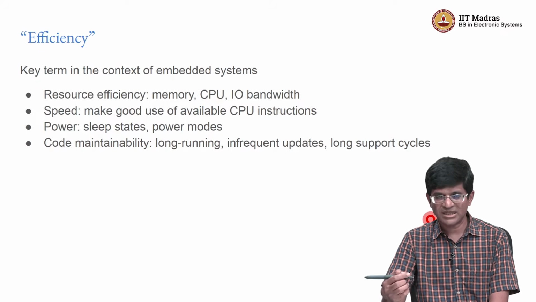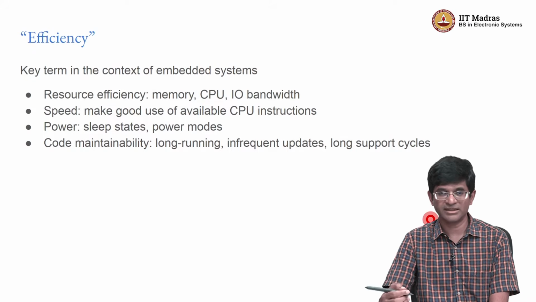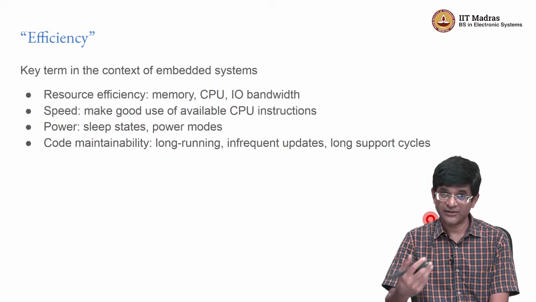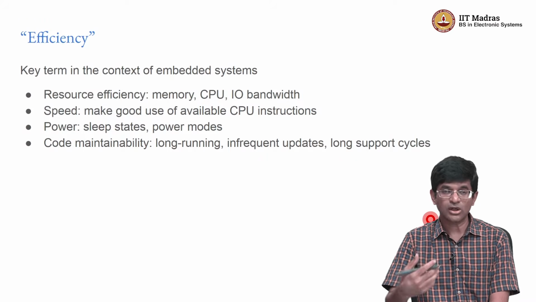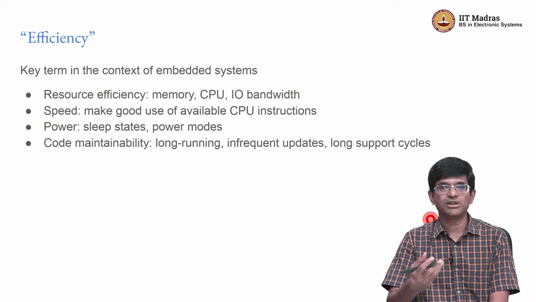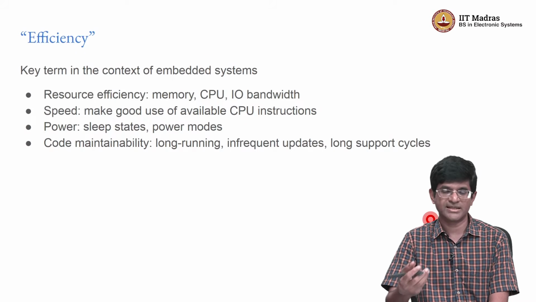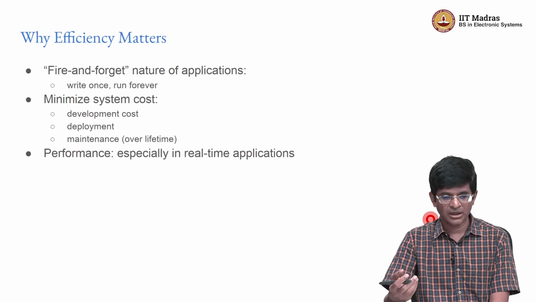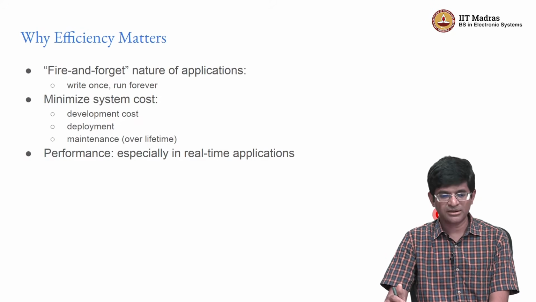This is slightly subjective in the sense that there are a number of different variations that you can encounter while looking at the concept of efficiency in an embedded system. But all of these are things that you need to recognize, understand, and be able to measure in the system that you build. Now, why does efficiency matter?